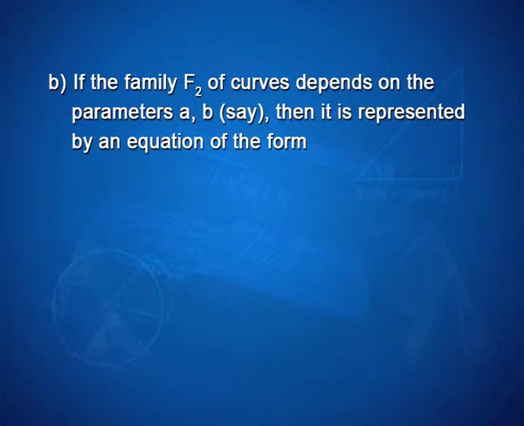In the second case, if the family F2 of curves depends on the parameters, say a and b, then it is represented by an equation of the form F2(x, y, a, b) is equal to 0.